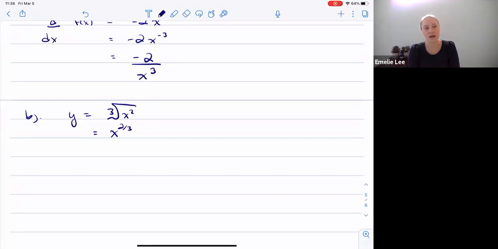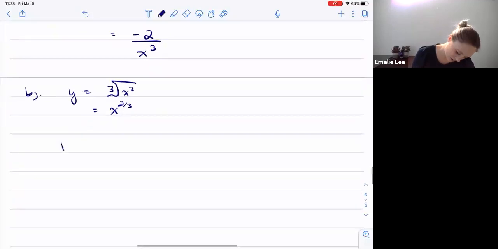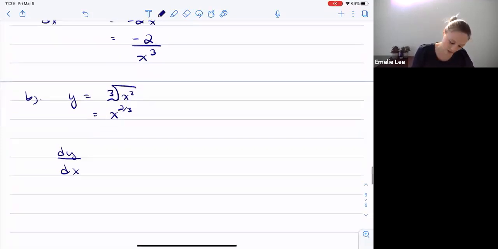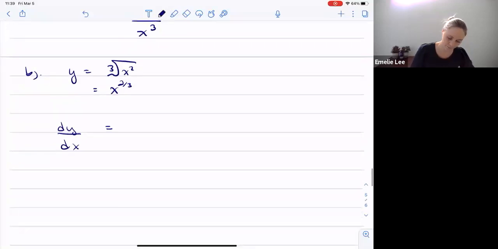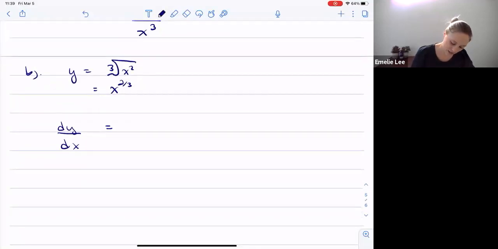And so if I take the derivative of this thing, then I'm doing dy dx or d dx of y, or lots of different ways that we can write it, as you know.